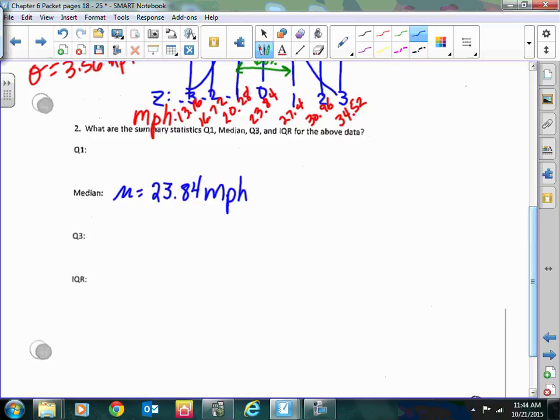It's right in here somewhere. Oh, wait, my bad. Here, Q1 is somewhere right here, and Q3 is somewhere right here. How can I figure that out? Correct.